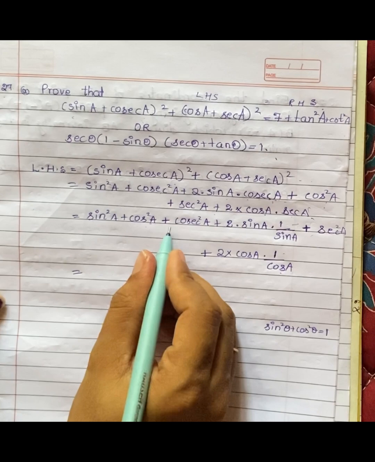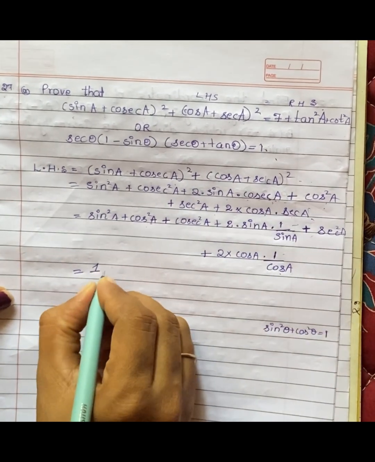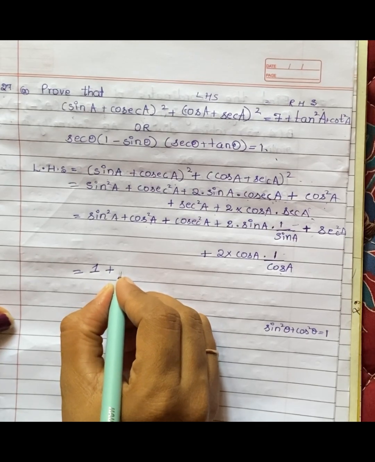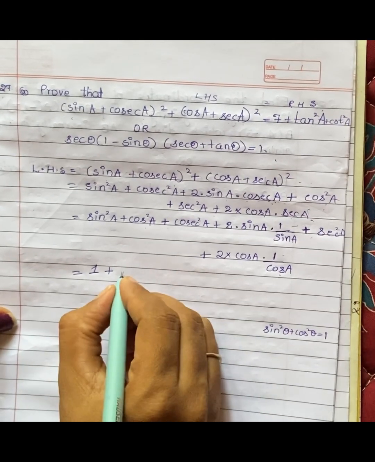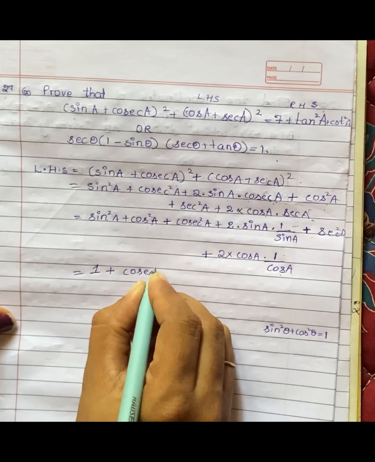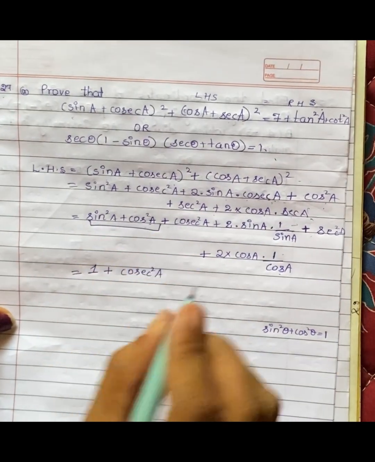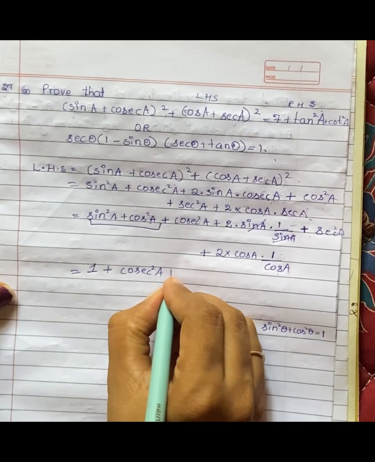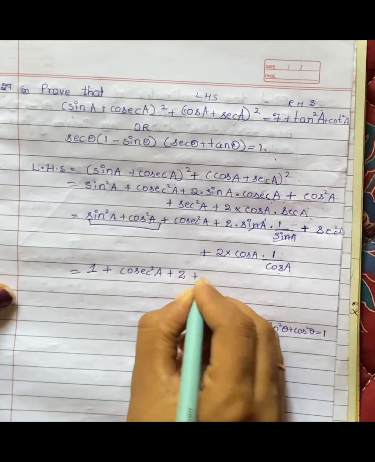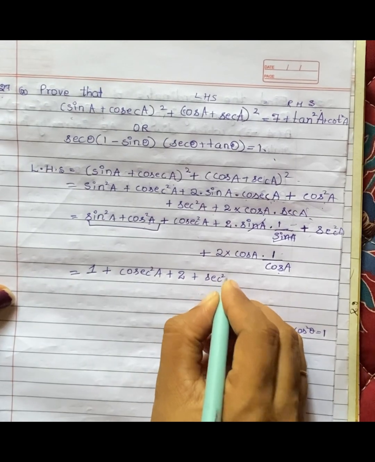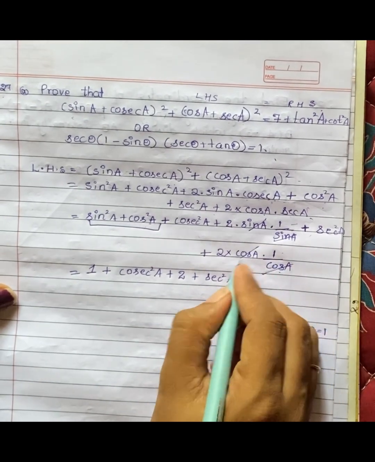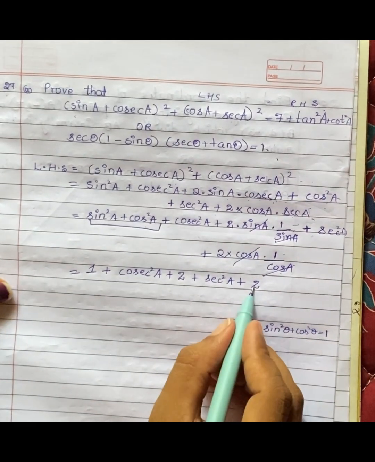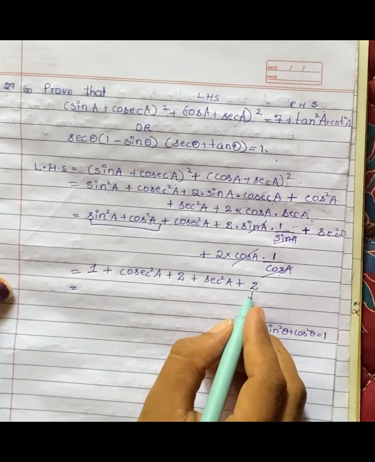So sin squared A plus cos squared A is nothing but 1, plus cosec squared A. Now 2 into sin A got cancelled, so we have 2, plus secant squared A, plus cos A got cancelled and we have 2. Now add all the numbers together.